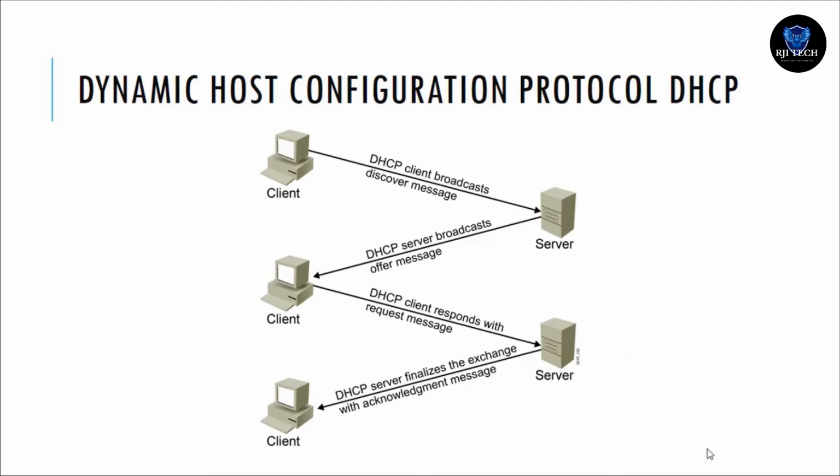We have also a very well-known and famous protocol working in the application layer that is called the DHCP, Dynamic Host Configuration Protocol. It's an important protocol in the configuration of the TCP/IP parameters inside any machine.